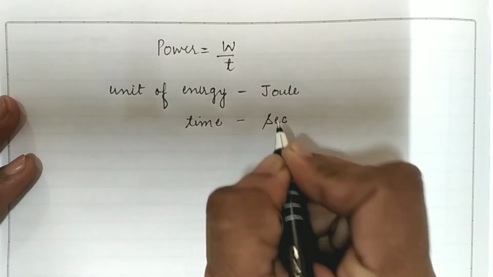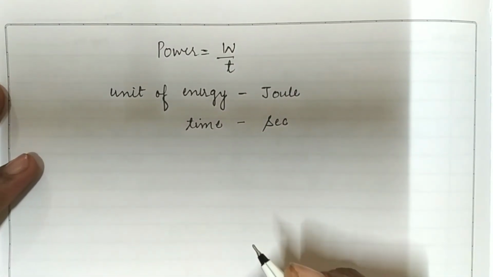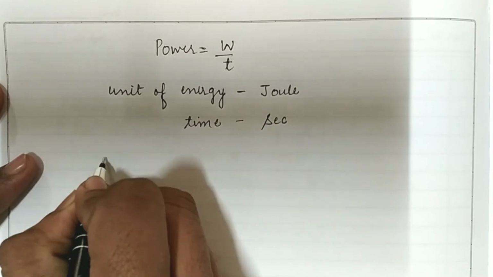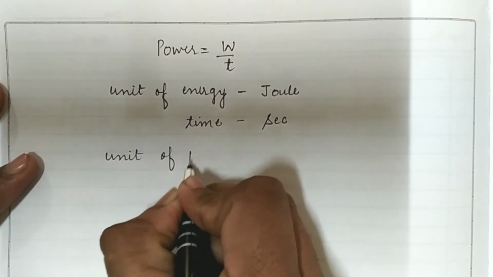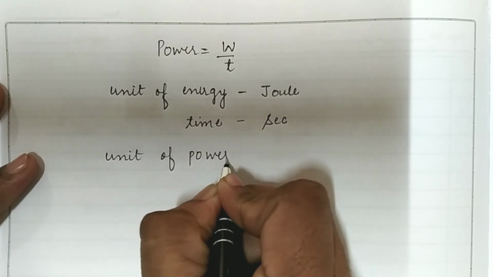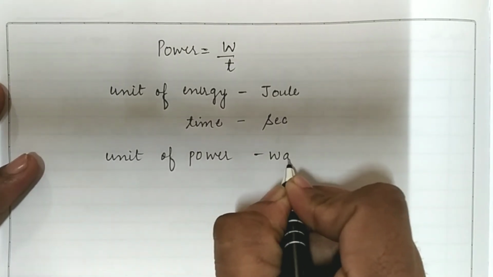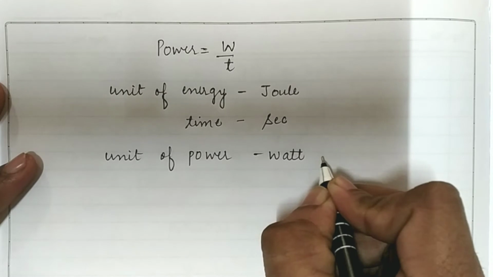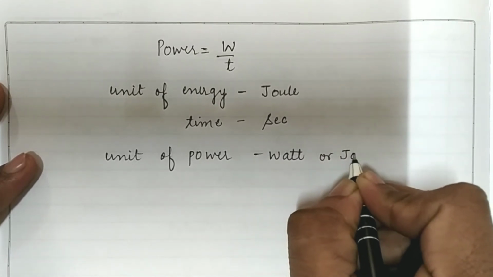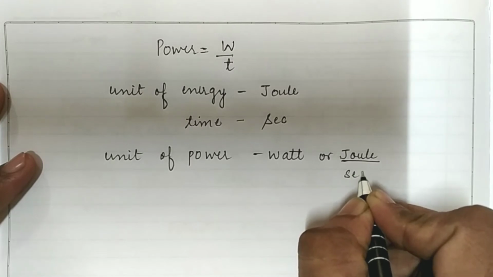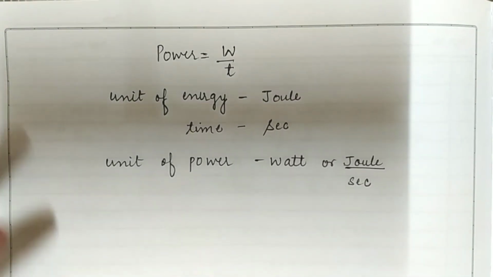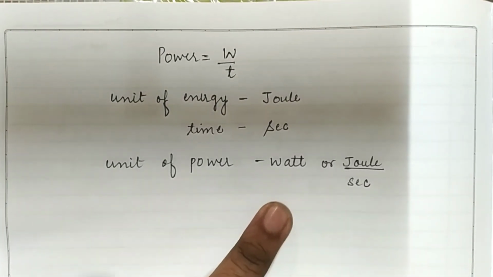So joule per second is the unit of power, and the unit of power is also given in watts. The SI unit is joule per second, and watt is the unit.